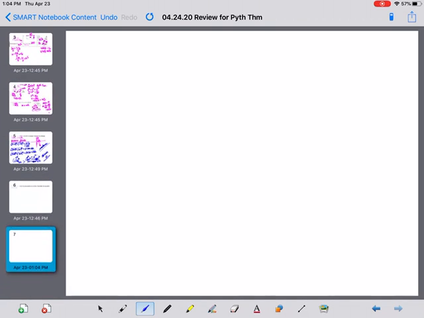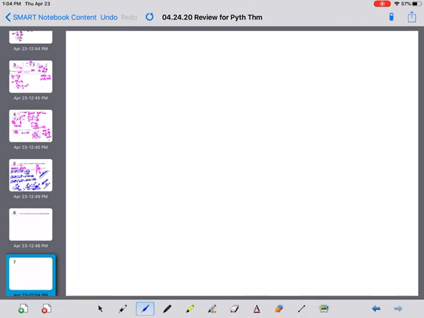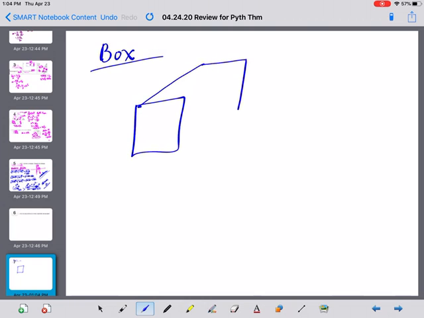Actually, before we do this one, I want to do a box problem. So the dimensions of a box are 3, 4, 2.